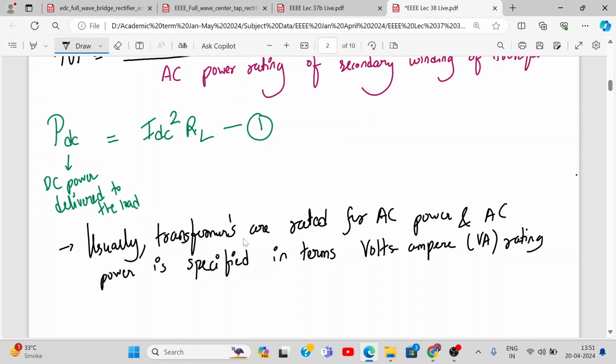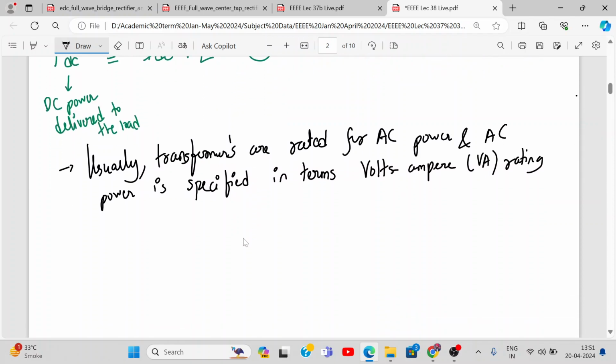So therefore the capacity of the transformer is always specified in terms of RMS value, because at the transformer input we have RMS value, and at the output also we have an RMS value only. Okay, it's a different thing, we converted into peak value, but it's fine.